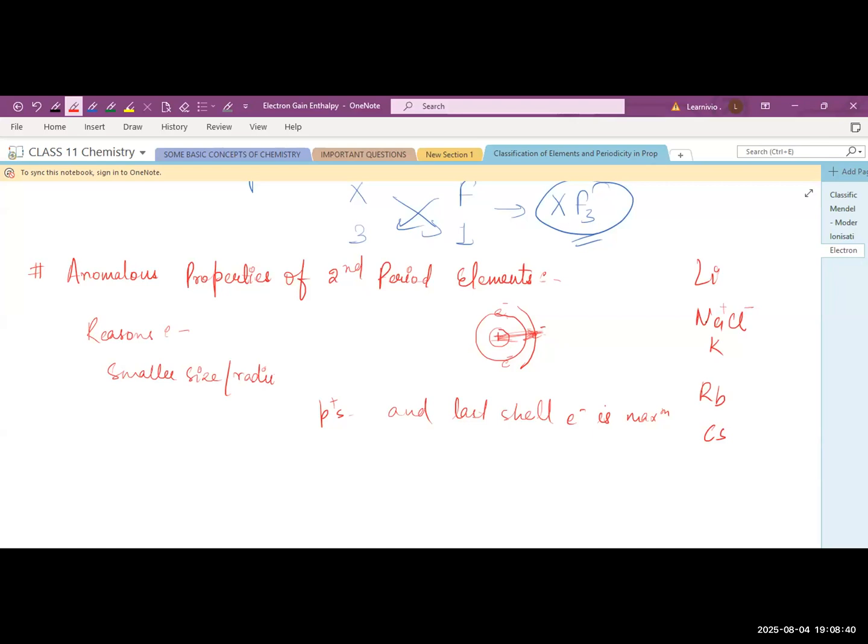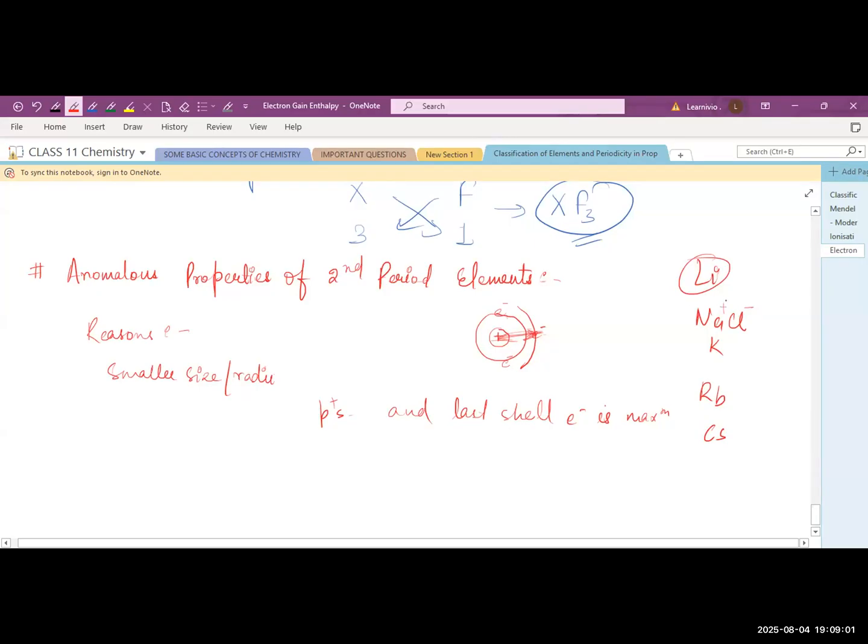And also the electron gain enthalpy is pretty high when you compare to the rest of the members. I'm talking about the lithium. So rest of the members से अगर आप compare करोगे lithium का electron gain enthalpy, it's quite high.